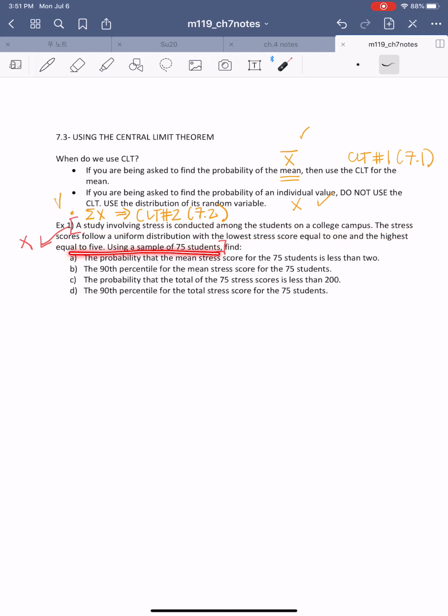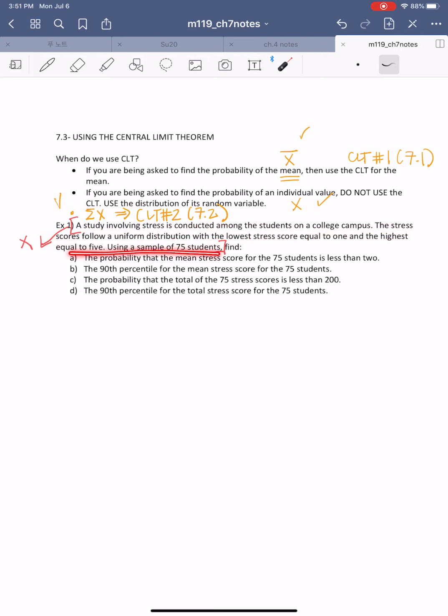So I'm just going to write down what I know to keep it all separate. I know X comes from a uniform distribution. This will come in handy, okay? So let's label all those. This uniform distribution, recall chapter 5, it was A, comma, B. Lowest 1, highest 5, so 1, comma, 5. And we have a sample of 75. I know it didn't ask for this, but let's calculate our mean.